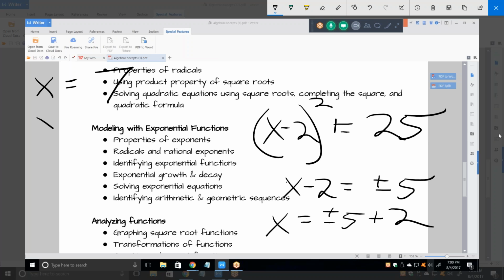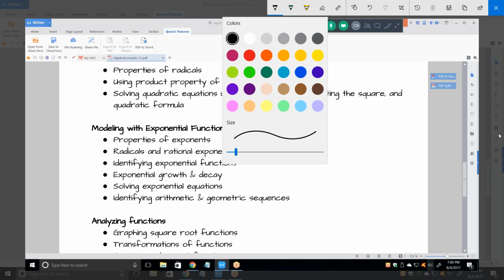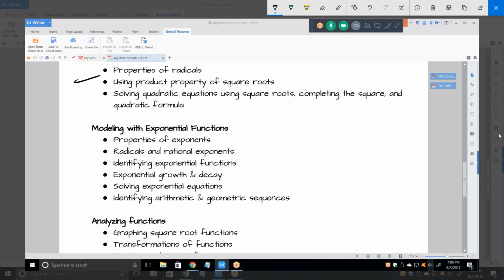What's the second answer, which is minus 5 plus 2? Minus 3. There you go. That's how you handle that. And that probably is pretty much all you need to talk about for the first part of solving quadratic equations using square roots.